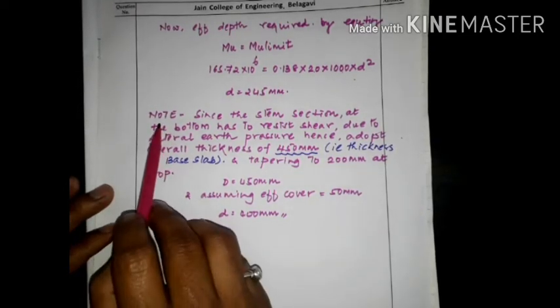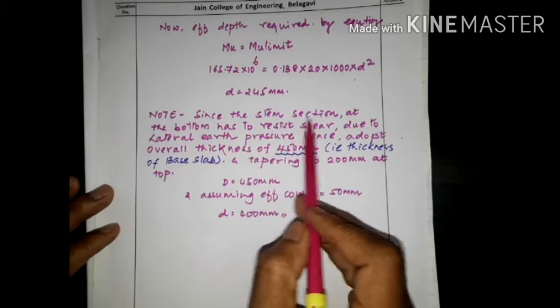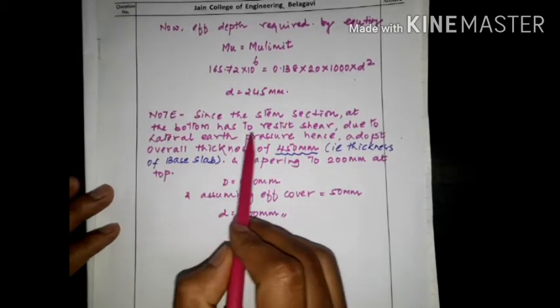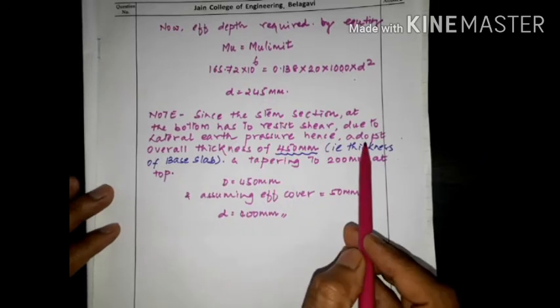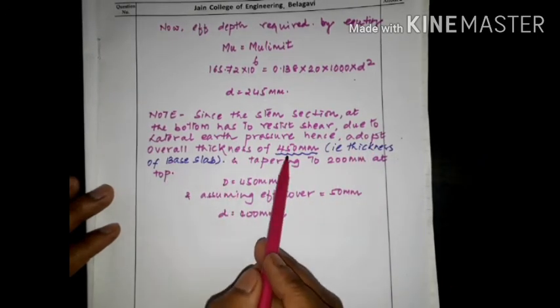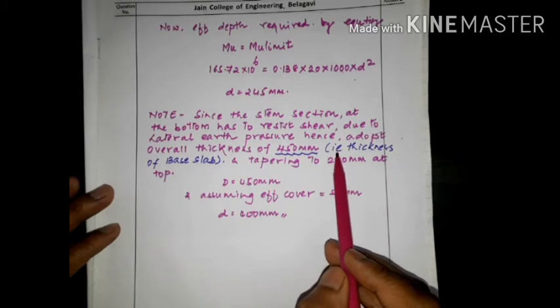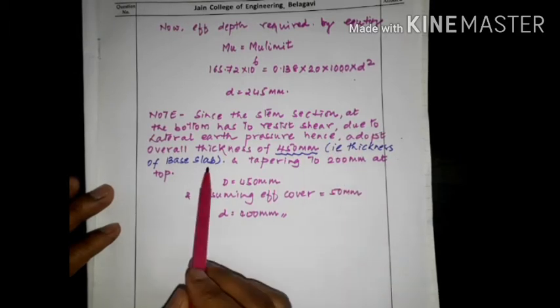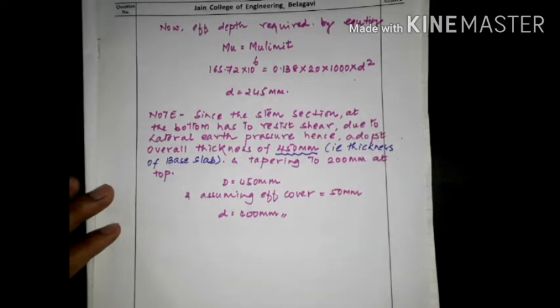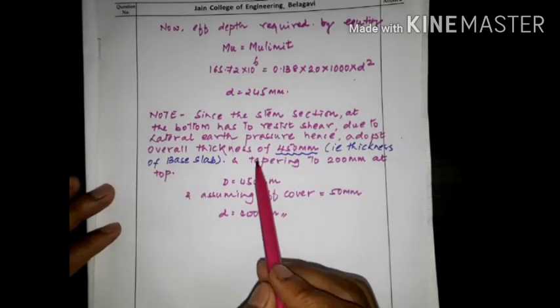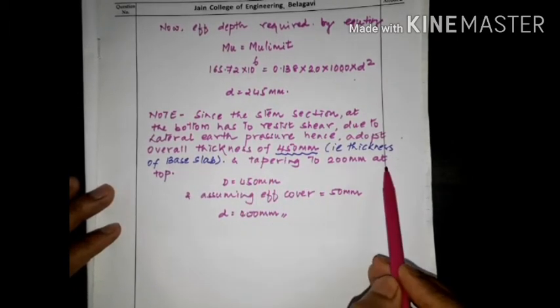So I have given a note here. Since the stem section at the bottom has to resist shear due to lateral earth pressure, hence adopt overall thickness of 450 mm, that is the thickness of base slab itself. Same thickness you have to adopt as we have provided for the base slab, then tapering to 200 mm at the top.